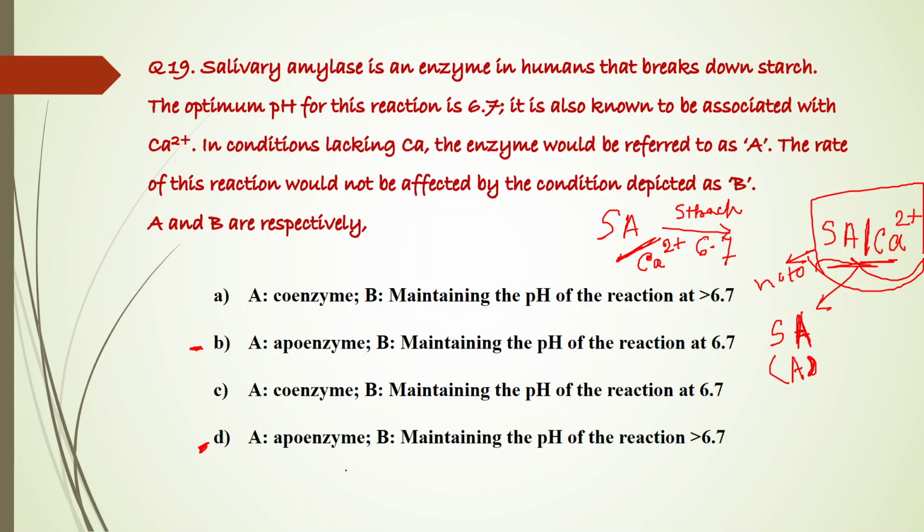As long as you maintain the pH 6.7, the catalytic activity of SA would go on. In presence of calcium 2+, obviously it will be better.